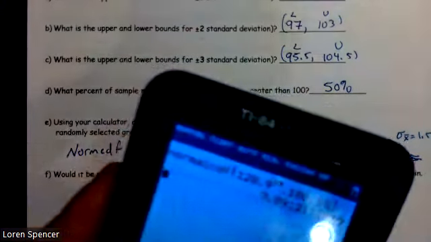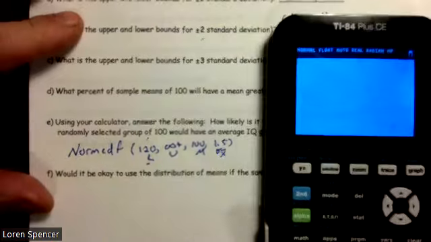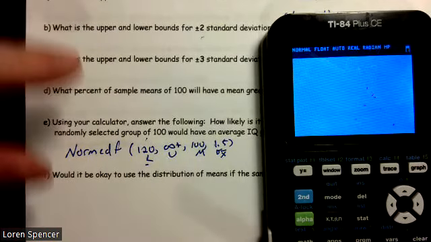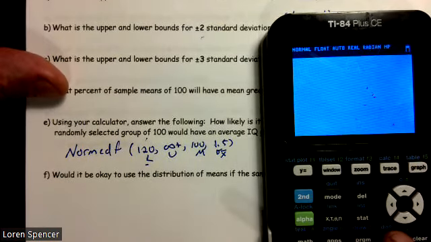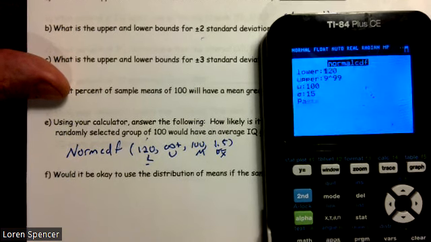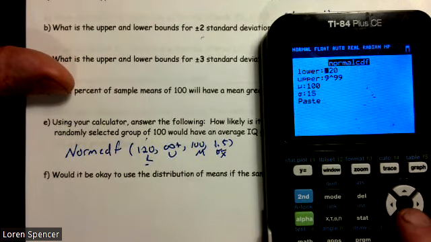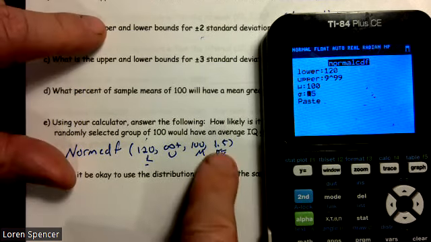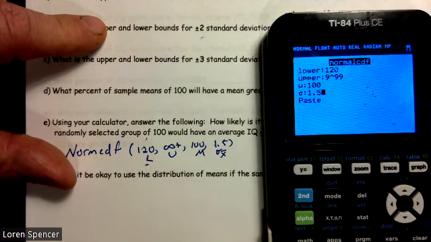So let's run that on the calculator real quickly. Now, there's other ways to do this on a calculator that are more convenient, but just so that it'll be the same for today. Second vars, normal CDF, lower is 120, upper is infinity, mean is 100, but our standard deviation is now 1.5.